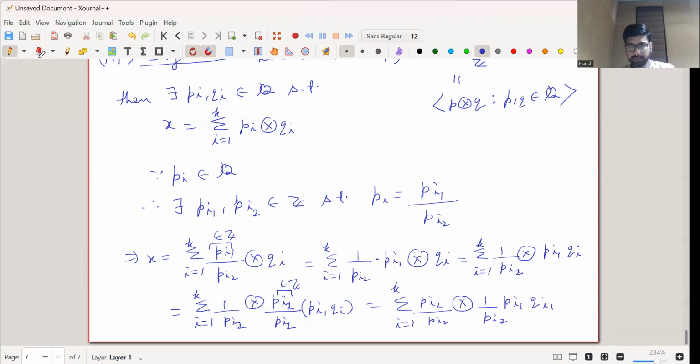Now what is this? This is p_i, right? p_i1 divided by p_i2 is p_i, and p_i2 divided by p_i2 is 1, right?